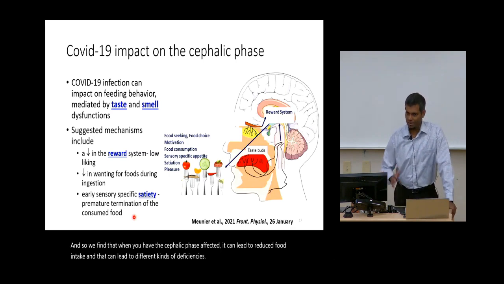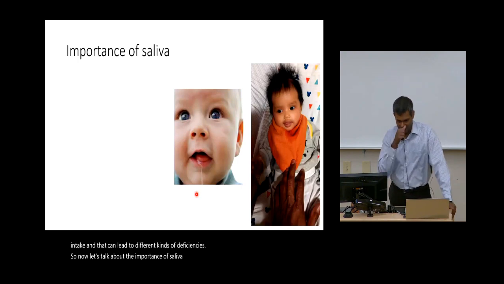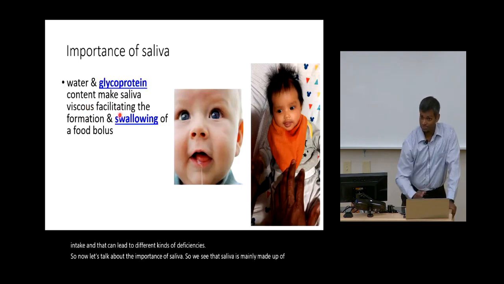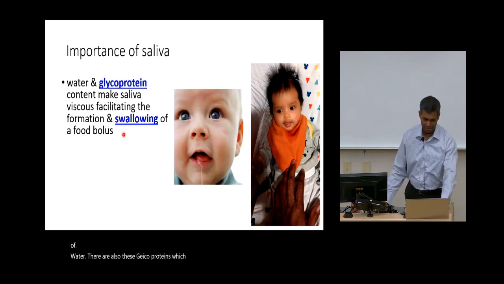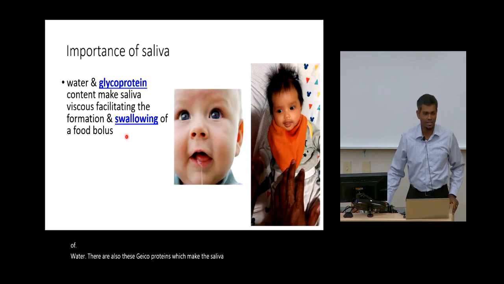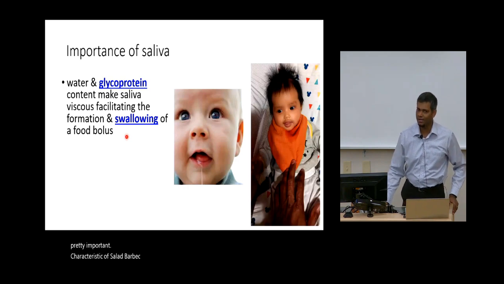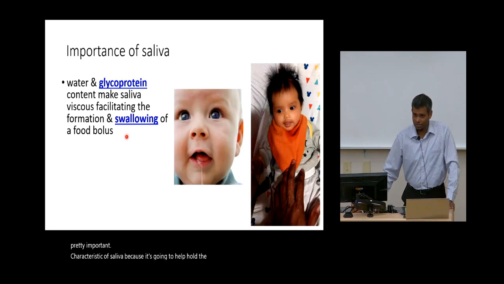So now let's talk about the importance of saliva, right? So we see that saliva is mainly made up of water, but there are also these glycoproteins which make the saliva viscous, and this viscosity is a pretty important characteristic of saliva, because it's going to hold the chewed particles of food, so that it's going to be easier to swallow.